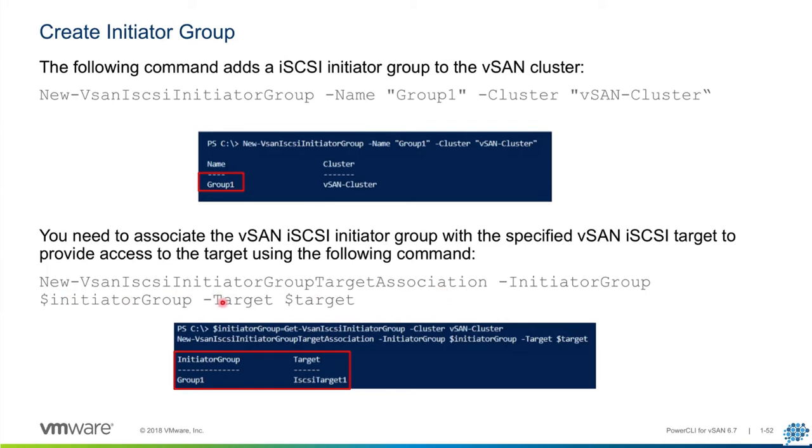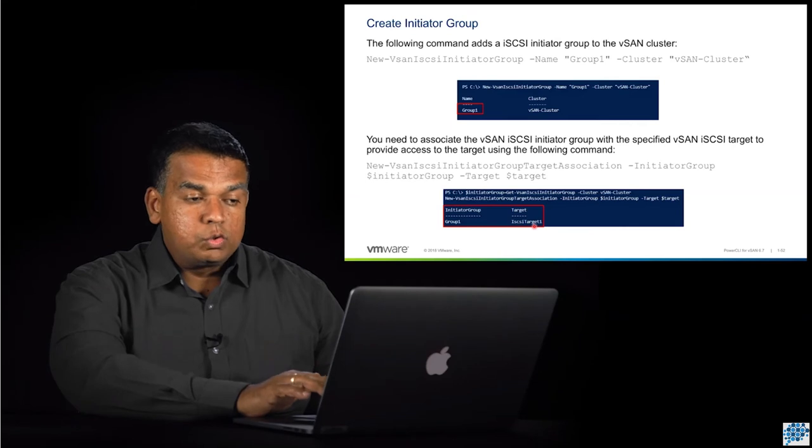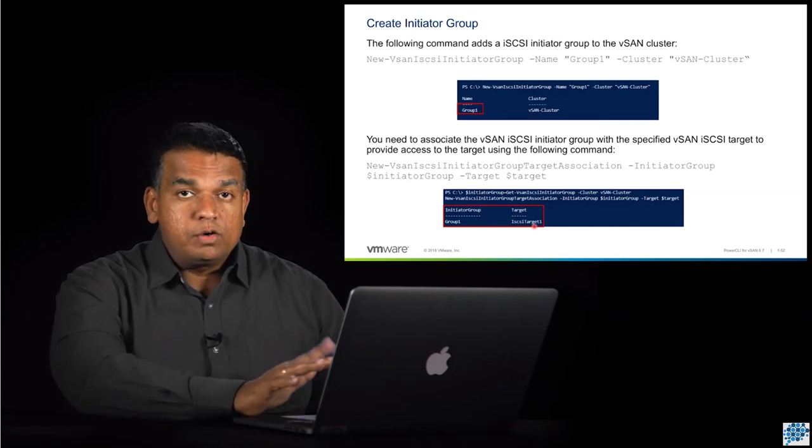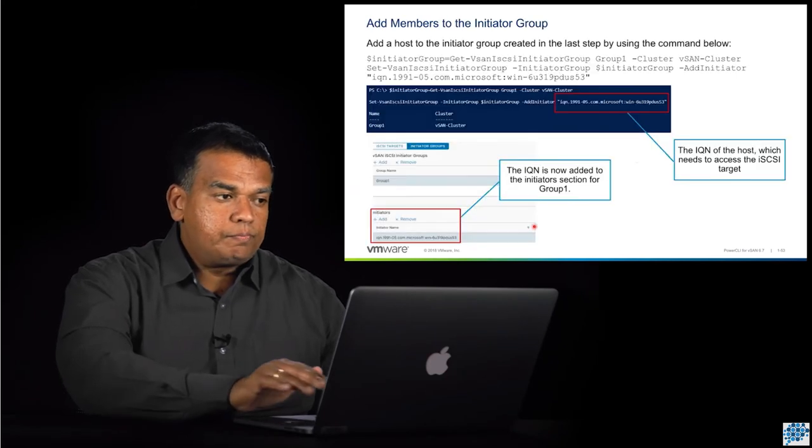So we run this long cmdlet, which I'm not going to try and read once more. And then we specify the initiator group as the initiator group which we have already created, and the target as the target which we already created. After we run this association command, we see that group 1 is now associated with iSCSI target 1. So this is a very important step which is required so that the initiators can talk to the target.